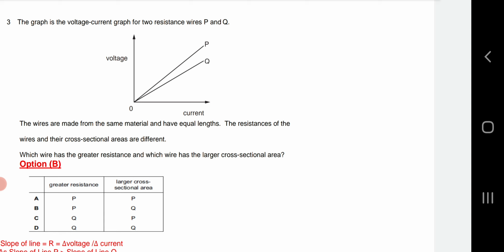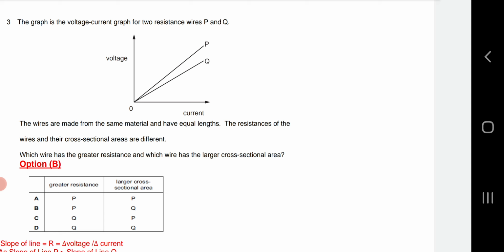Okay, the second concept, as the lengths of these two wires are the same as well as the resistivity of the material is the same, because these two wires are made from the same material. So the resistance is only proportional to cross-sectional area, and this proportion is inversely proportional.